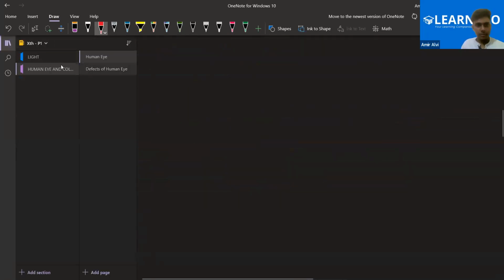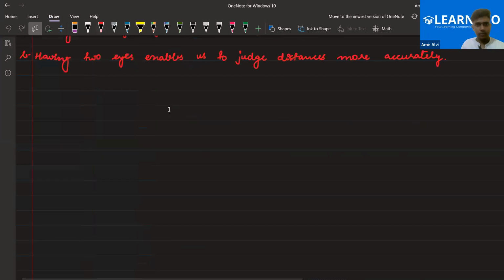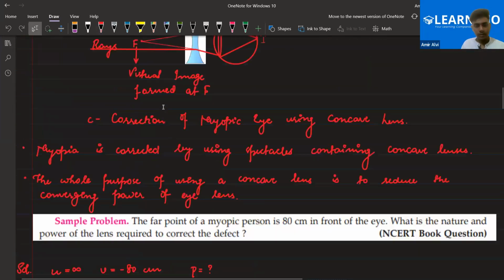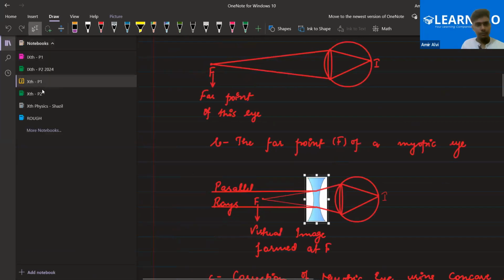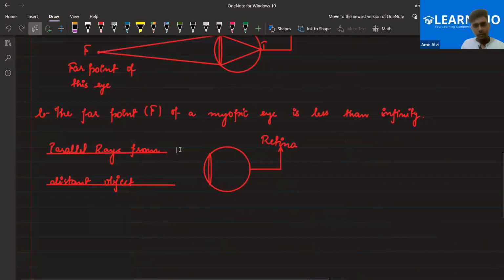I'm going to place it right here. So the concave lens will be placed in front of the eye lens.